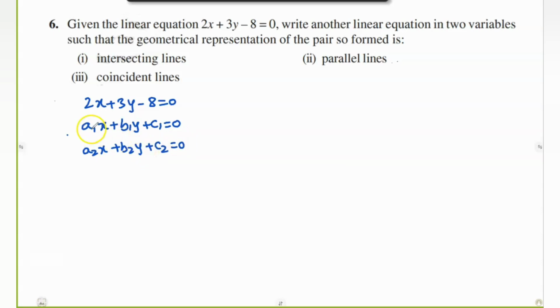So now if you compare the first equation with the given equation, we have a1 is equal to 2, b1 is equal to 3, and c1 is equal to minus 8. Okay, we need to find a2, b2, c2 such that the condition for the two lines to be intersecting is a1 by a2 should not be equal to b1 by b2.